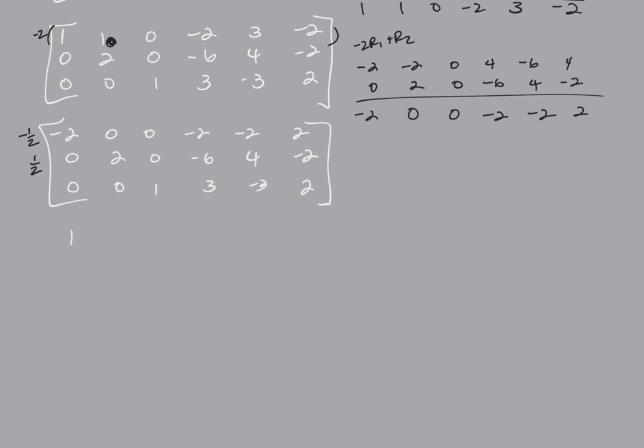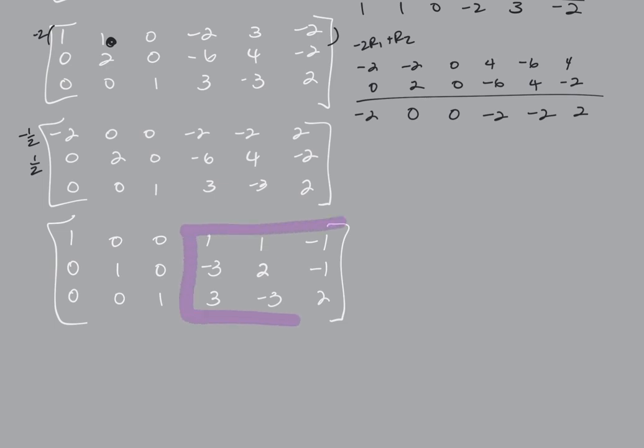So I've got 1, 0, 0, 1, 1, negative 1, 0, 1, 0, negative 3, positive 2, negative 1, and then 0, 0, 1, 3, negative 3, 2. So I got the left side to be what I need it to be. The right side is my inverse.